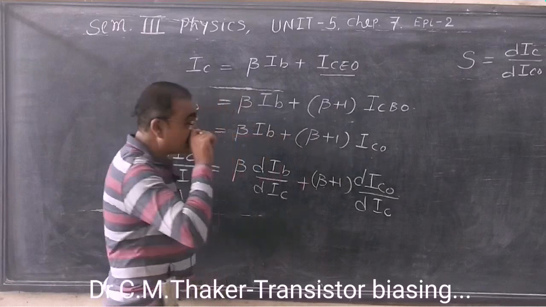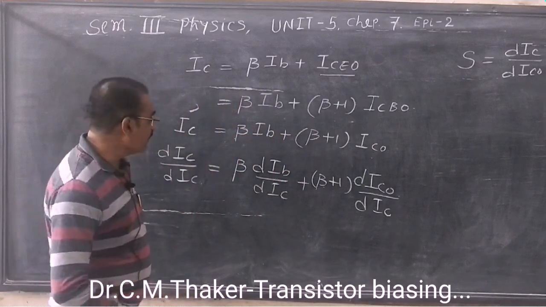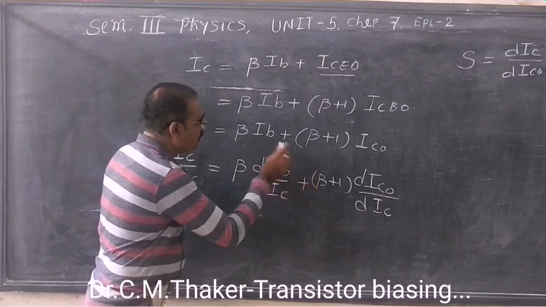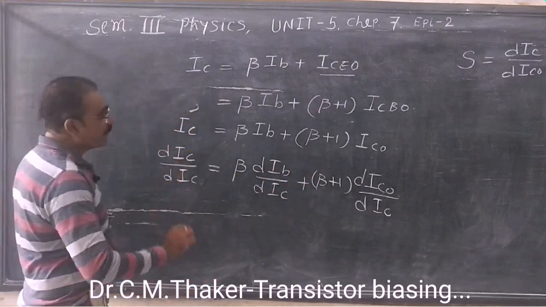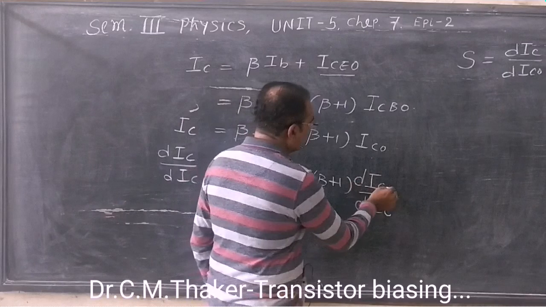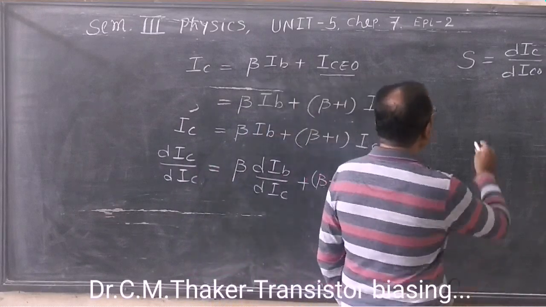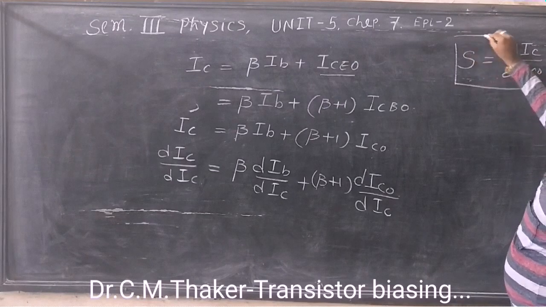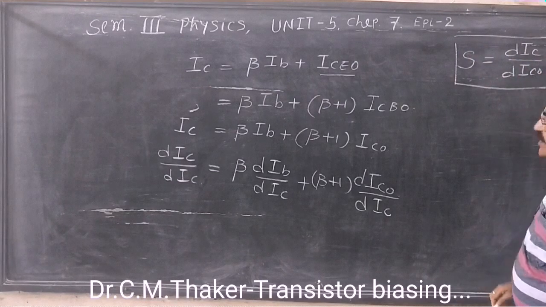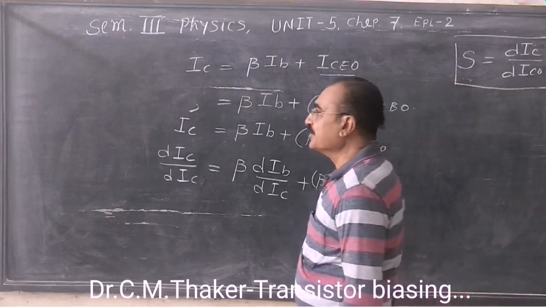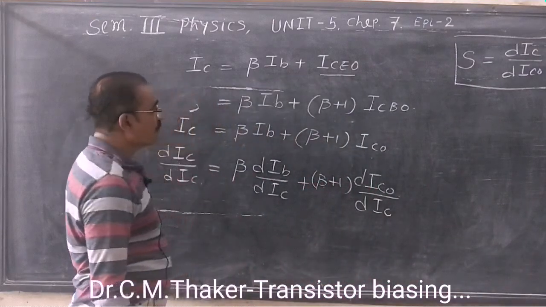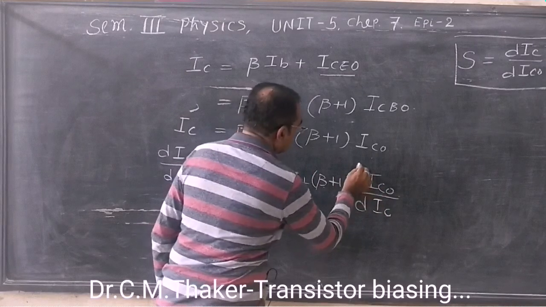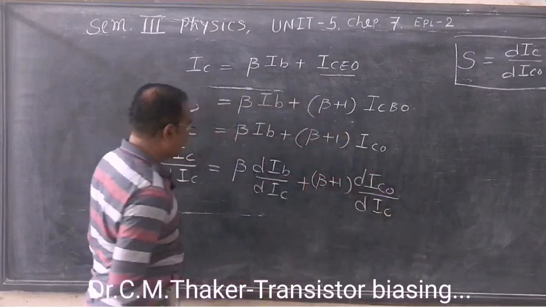Obviously beta plus 1 is a constant, so you can't differentiate beta. So now what happened? This is dICO upon dIC. We have the stability equation S equal to dIC upon dICO. So this is 1 upon S.